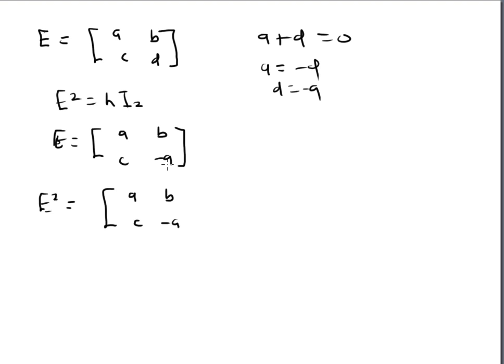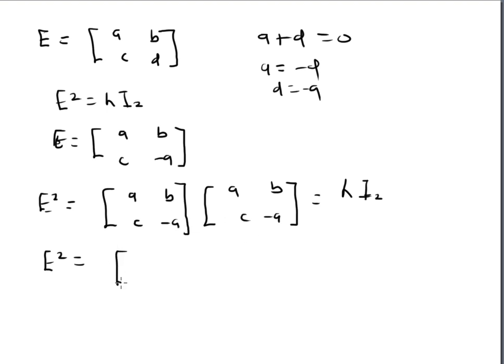As I was saying, the trace is the sum of the entries of the major diagonal. Continuing our multiplication, we get A, B, C, negative A, and this is equal to lambda times our identity matrix I2. Cross multiplying, horizontal times vertical, we get A squared plus BC.